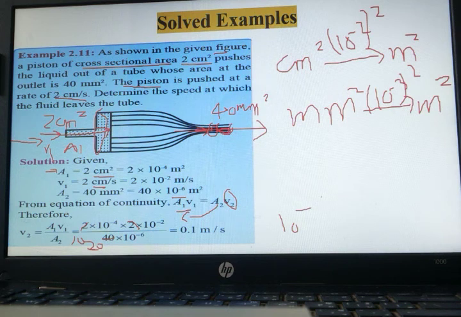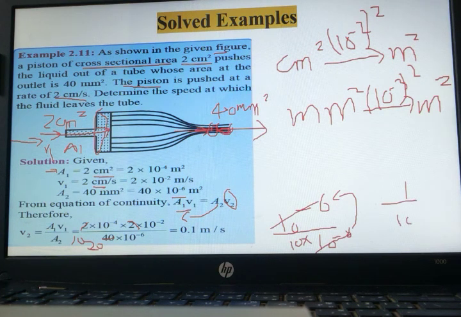On the basis of indices, it will add up, so the numerator gets 10 raised to minus 6. It is 10 into 10 raised to minus 6. After this moves to the denominator, it will become plus 6. So minus 6 plus 6 will ultimately cancel. What we are getting over here is 1 upon 10. 1 upon 10 can be represented as 0.1. So the answer is 0.1 meter per second.